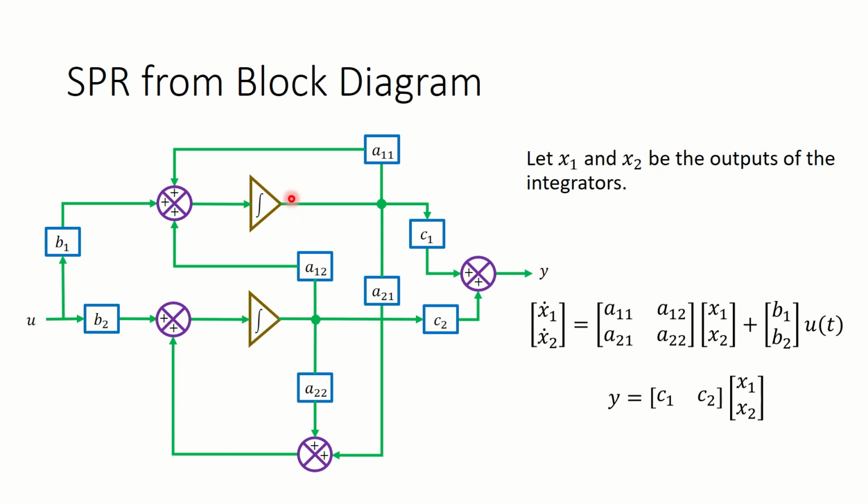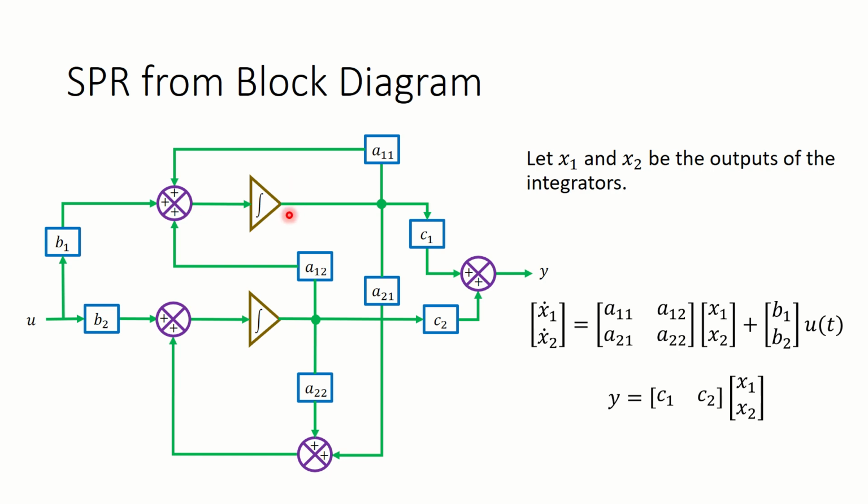This example derives a state space realization from a given block diagram. Any block diagram can be given to you, the process remains the same. You have to simply look at it, observe it, and write down the equations. That's all.